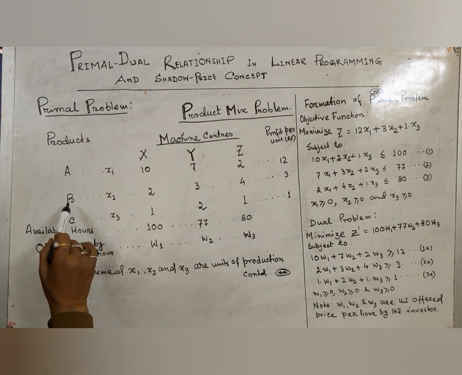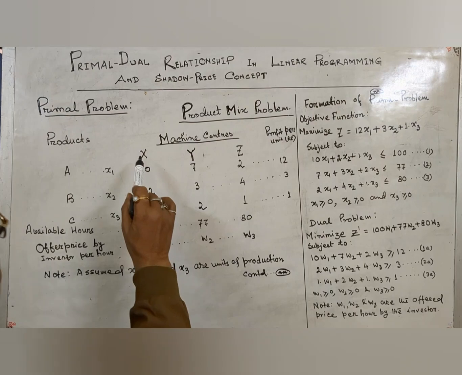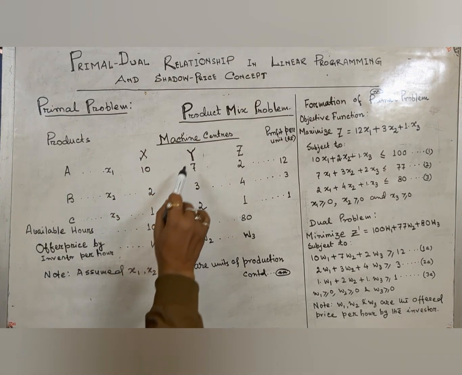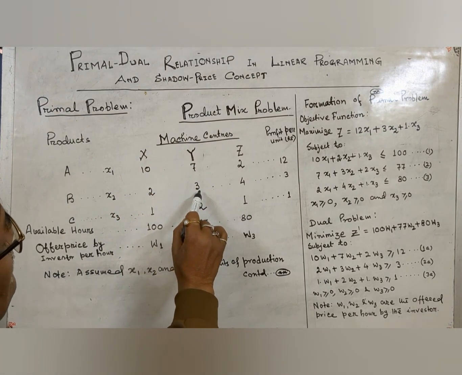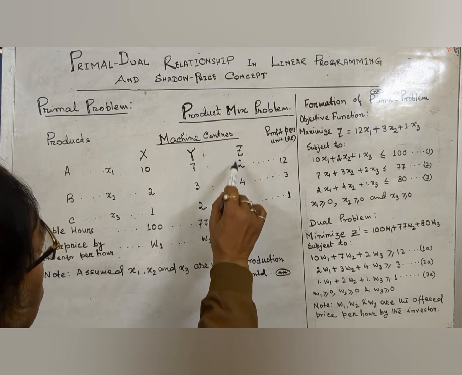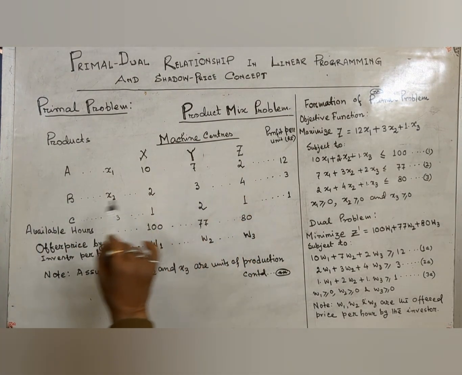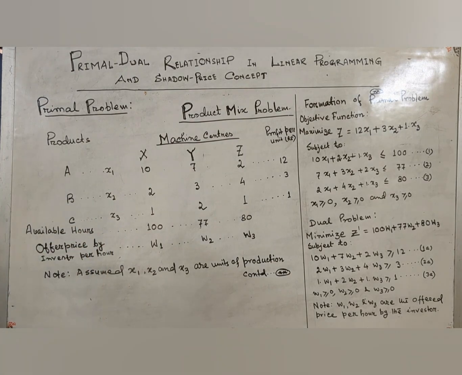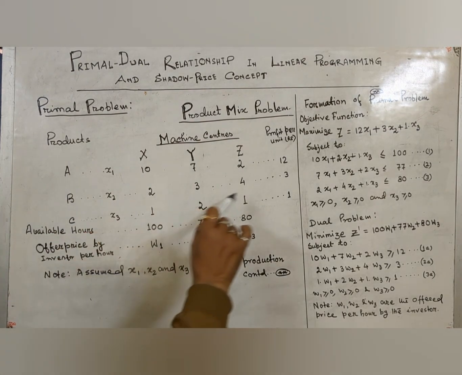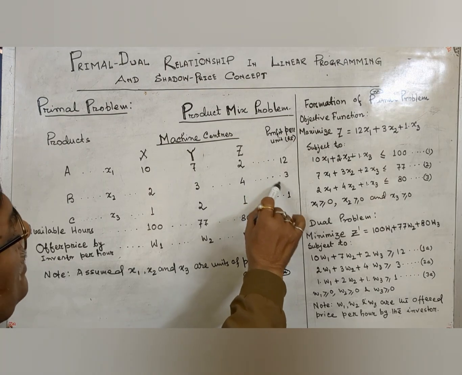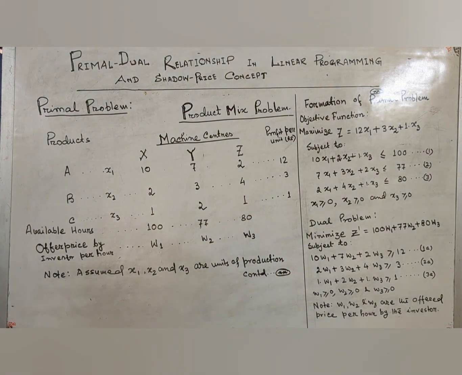Similarly, for product B, center X requires 2 hours, center Y requires 3 hours, and the finishing center Z requires 4 hours. After passing the centers, 1 unit of product B will be produced. If it is sold in the market, say the profit per unit is rupees 3.